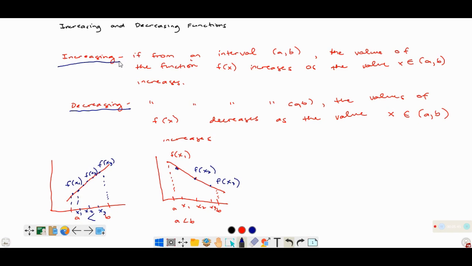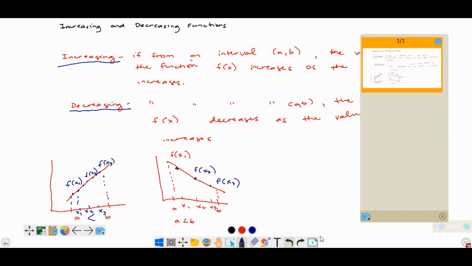Now, since we are not limited with linear functions, we are also going to talk about quadratic functions and cubic functions, polynomial functions of higher degrees, and possibly we will also touch rational functions, exponential and logarithmic.